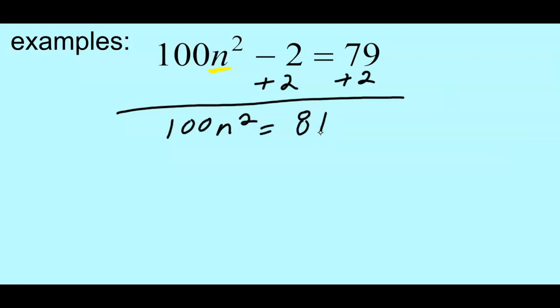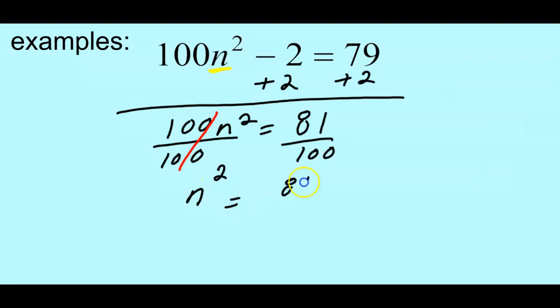Still trying to isolate, so I want to divide by 100. This is going to cancel off, so I end up with n squared equals 81 over 100.